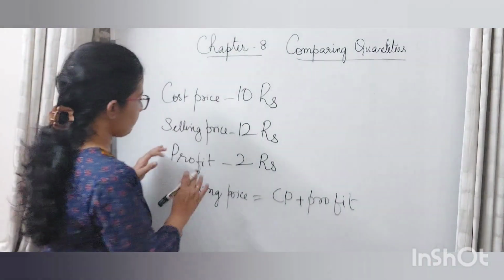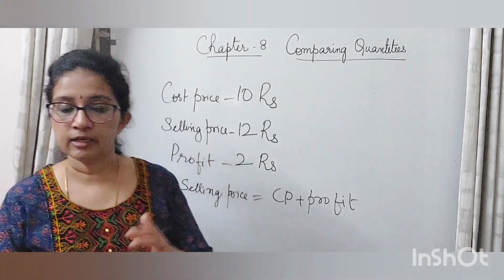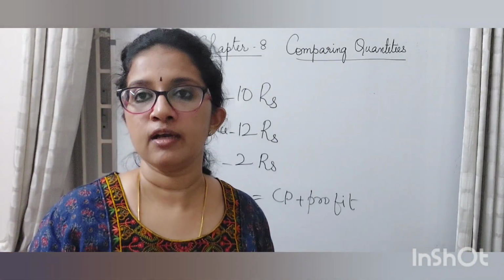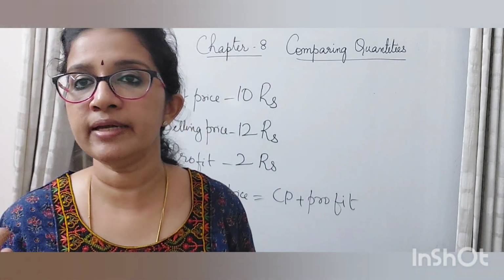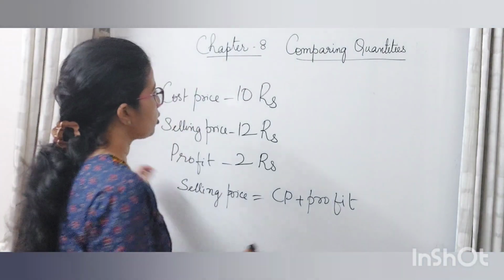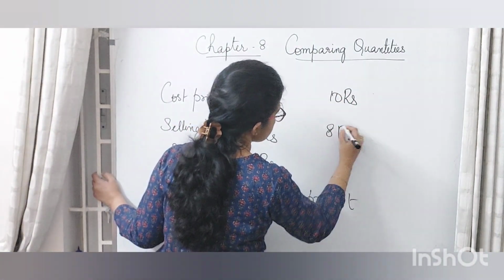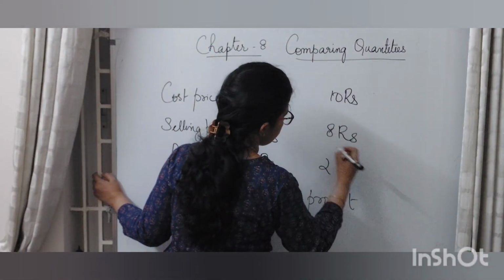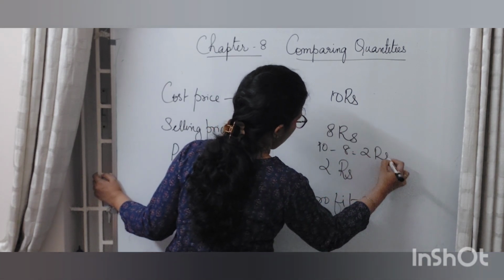Suppose he is selling it for 8 rupees. He got the biscuit packet for 10 rupees and he is selling it for 8 rupees. Will he get profit or will he get loss? He'll be in loss, right? So what is the loss? Again, since he got it for 10 rupees and he sold it for 8 rupees, loss is what? 2 rupees, right? 10 minus 8 is equal to 2 rupees is the loss.